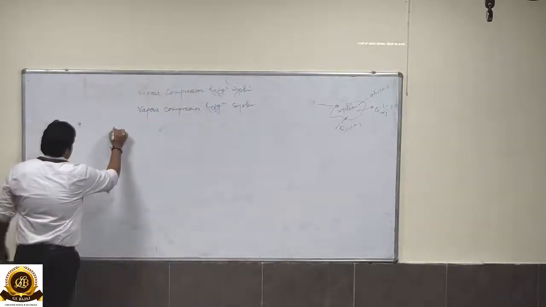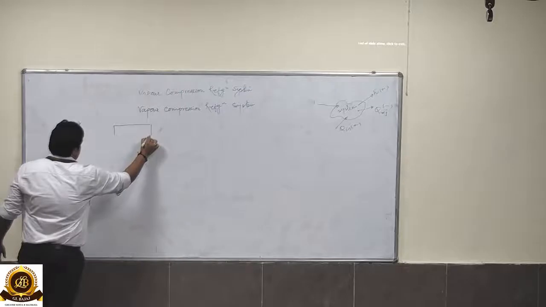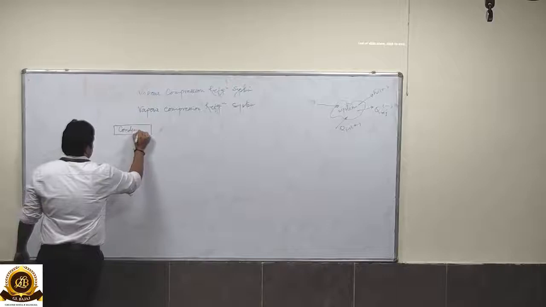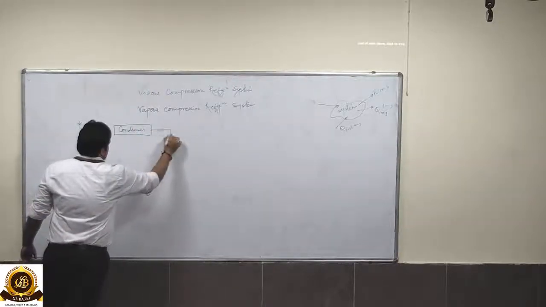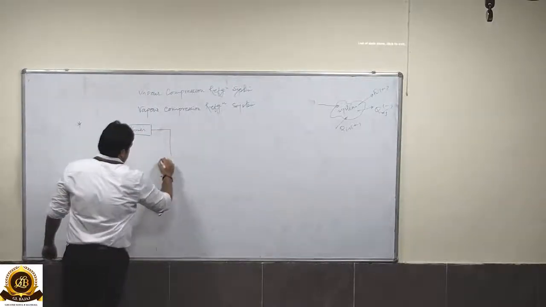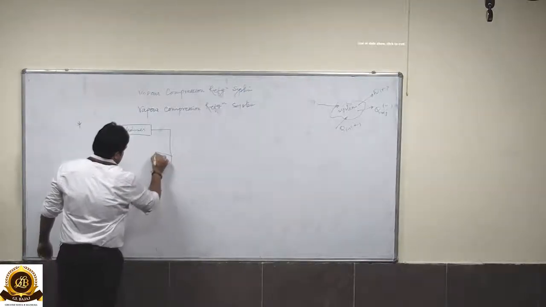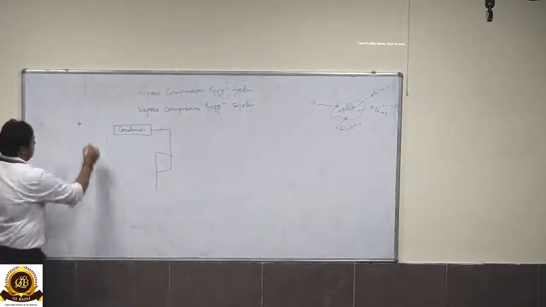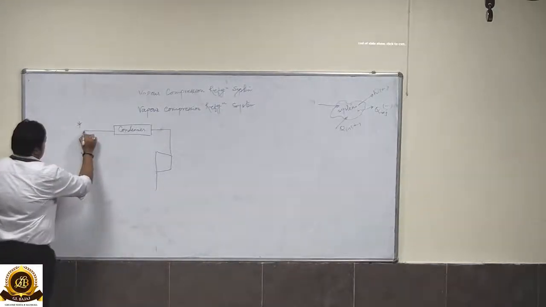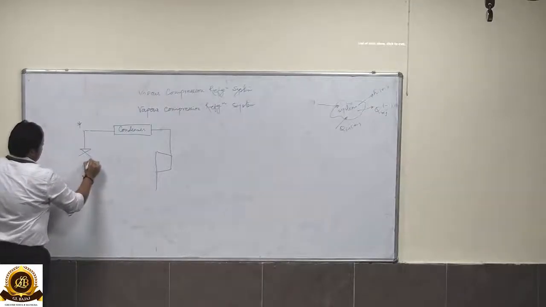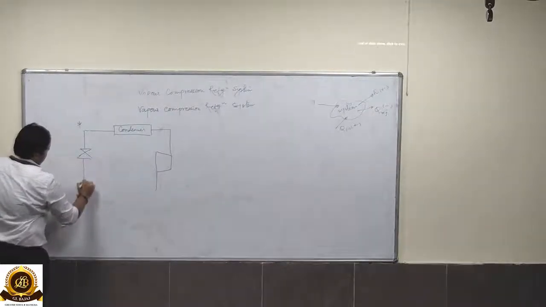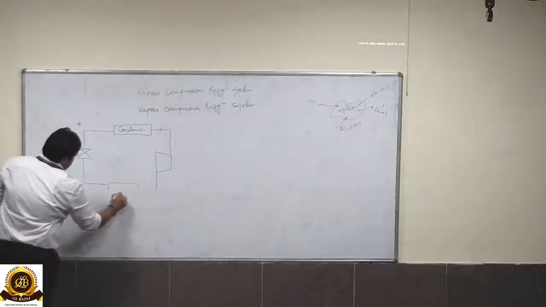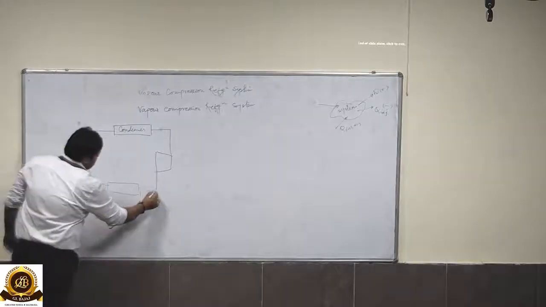So let me draw the schematic diagram. Rather than using an expander over here, we'll use an expansion device, that is a throttling valve, in the vapor compression refrigeration cycle.